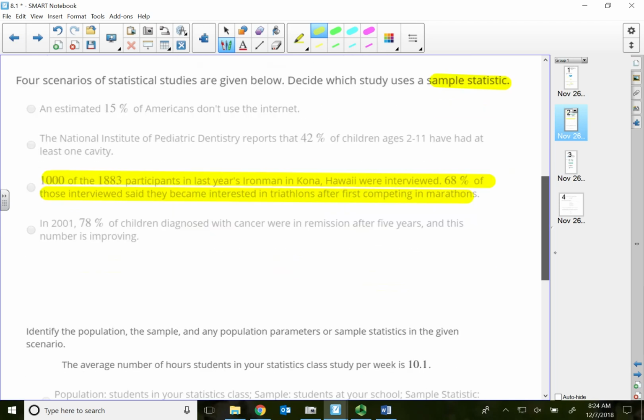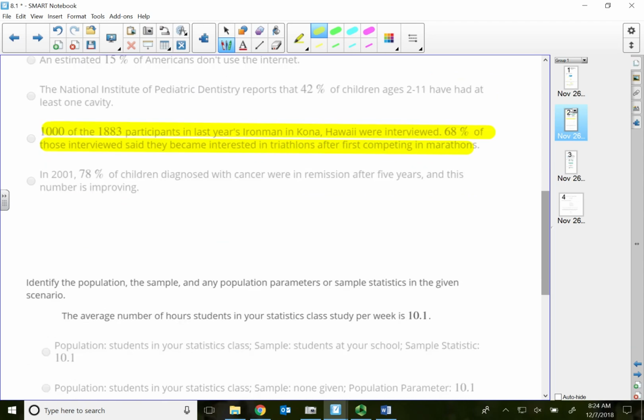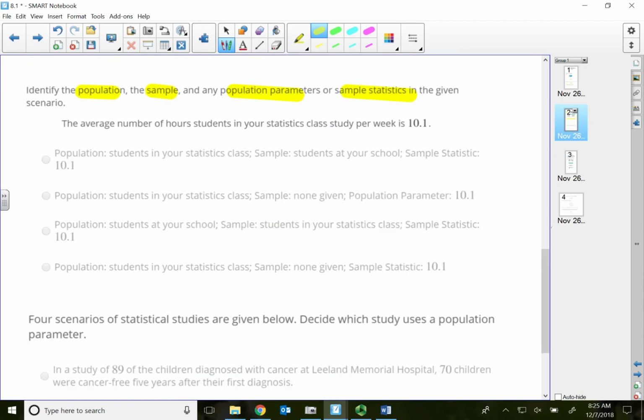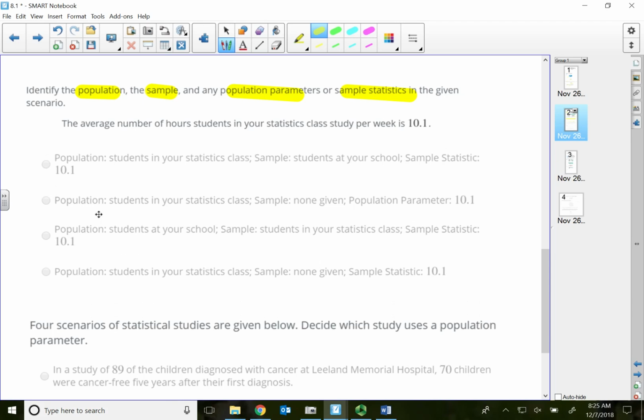So that's how we distinguish what a sample statistic is. In this one, identify the population, the sample, and any population parameter or sample statistic given. So we need to answer 4 different things. It's multiple choice again. The average number of hours students in your statistics class study per week is 10.1.